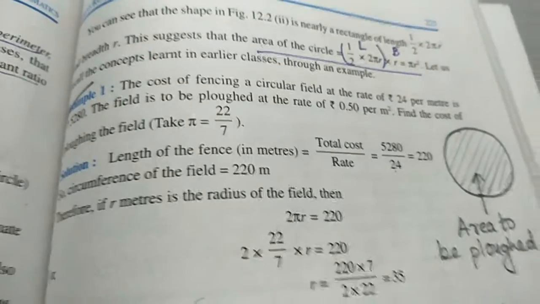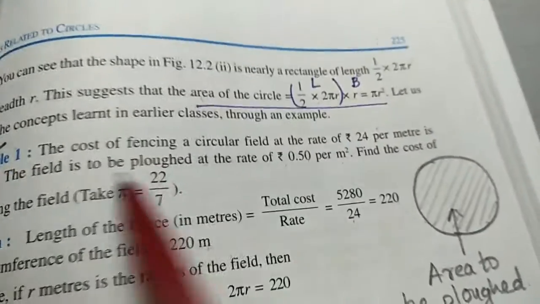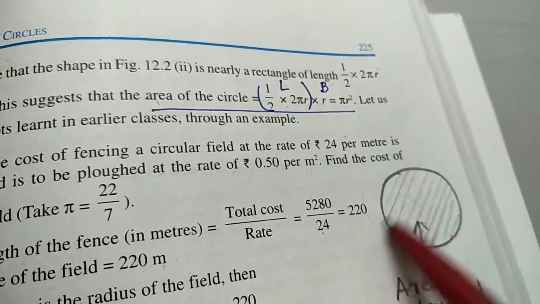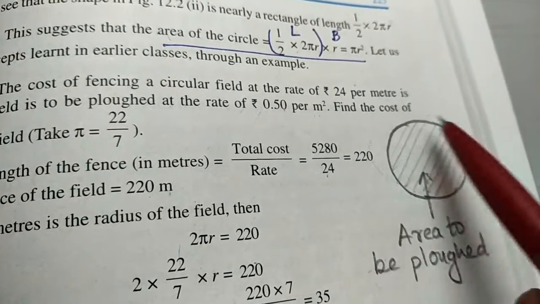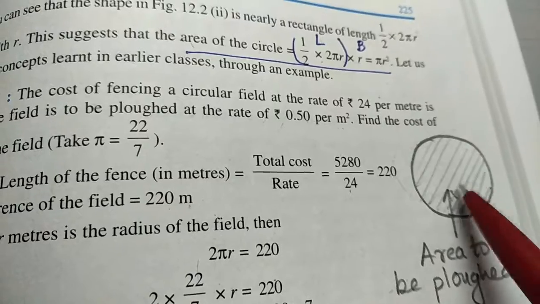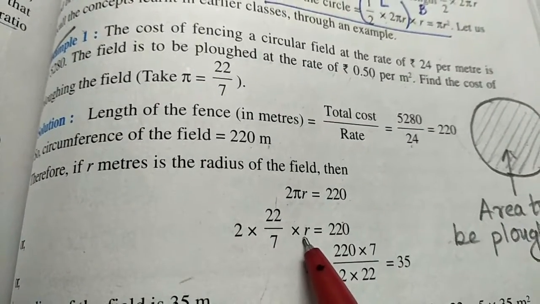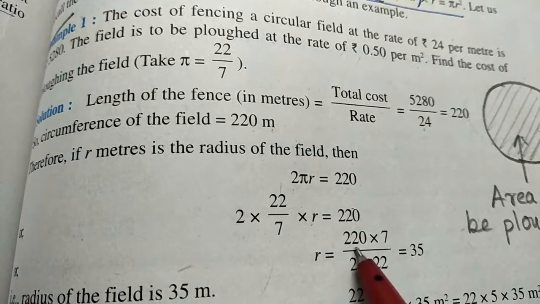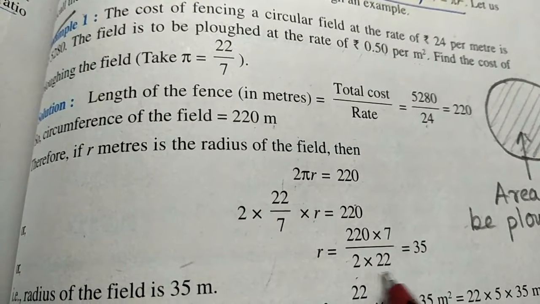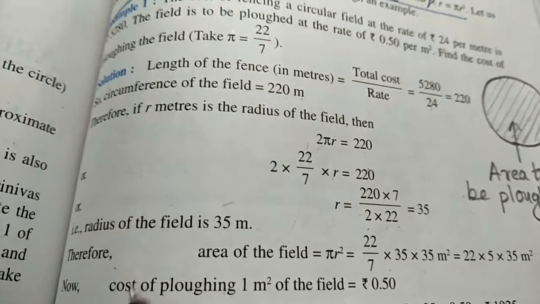Now from this we can find the radius, because we have to find the area to be plowed. To find the area we need the radius, and we don't have it, so with this formula we find the radius first. So 2 pi r is equal to 220, so r is equal to 220 into 7 upon 2 into 22, that gives you 35. So 35 meters is the radius.